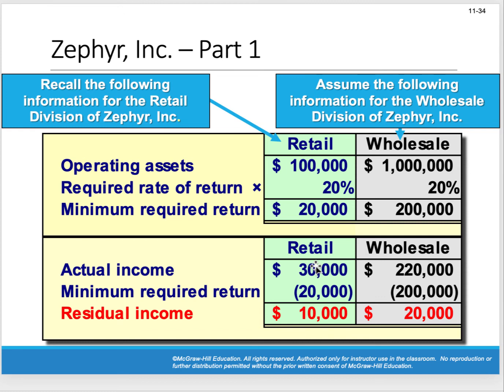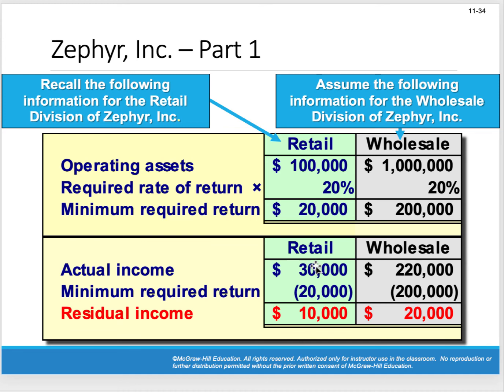So let's say that we have the Zephyr information, right? They had that one division. They had operating assets of 100,000. Let's compare that to a wholesaler, okay? Or let's say that Zephyr Incorporated has a wholesale division. So we're going to compare and see, hey, which division is more profitable, right?